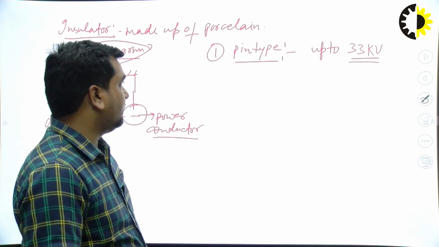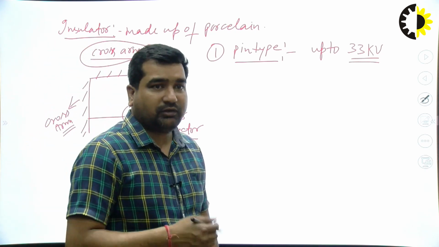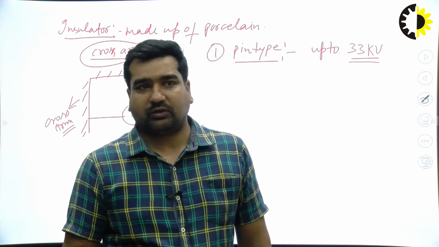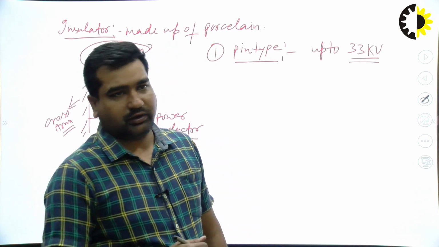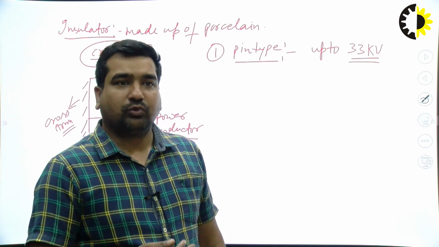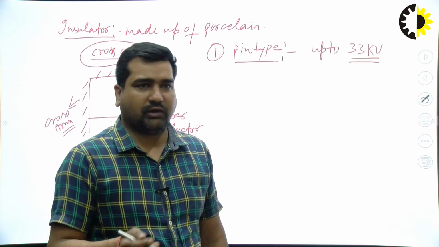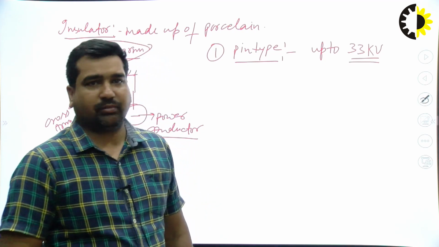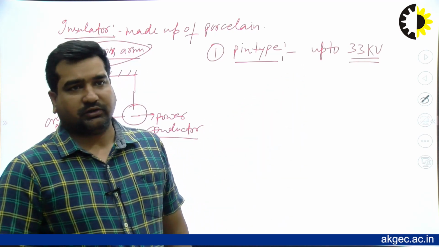The drawback of the pin type insulator is that if any particular disc is damaged, we have to remove the whole pin type insulator. We cannot maintain it; we have to change it. This is the main drawback, and we cannot use it above 33 kV.